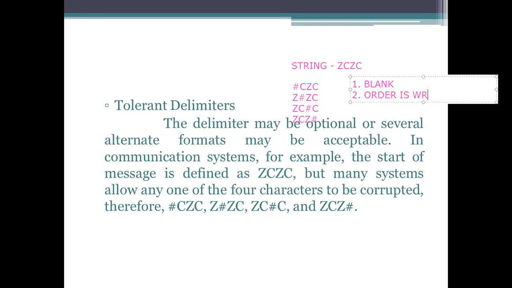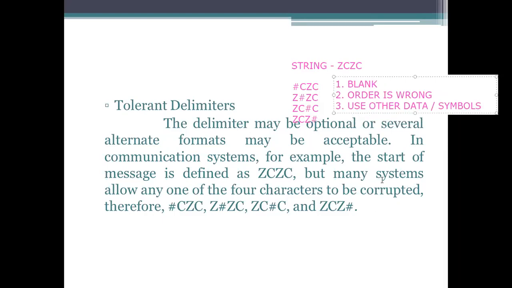Order is wrong. Next, the order here is ZC, meaning we need to place the values there itself only. And the third one here is to use other data, other characters or symbols. Okay, so that is the third one.